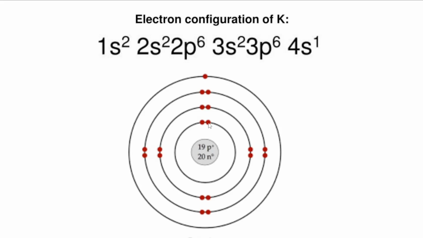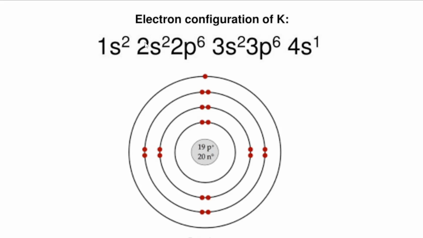When we look at potassium, you see the first energy level has 2 electrons. In this energy level, there's only one type of orbital, and that's an s orbital. So on the first energy level, the s orbital has 2 electrons. The second energy level has both s and p orbitals.